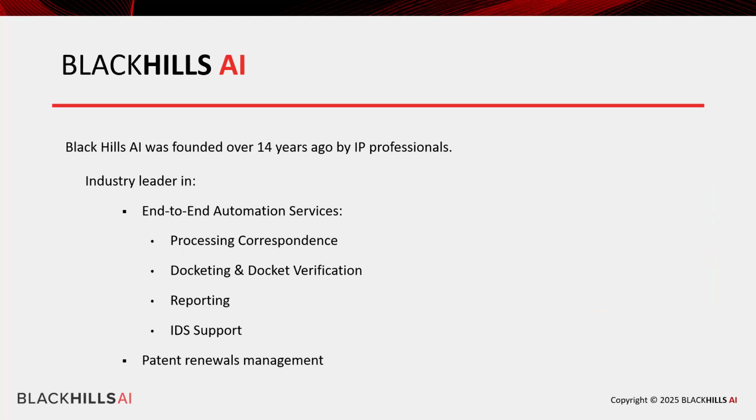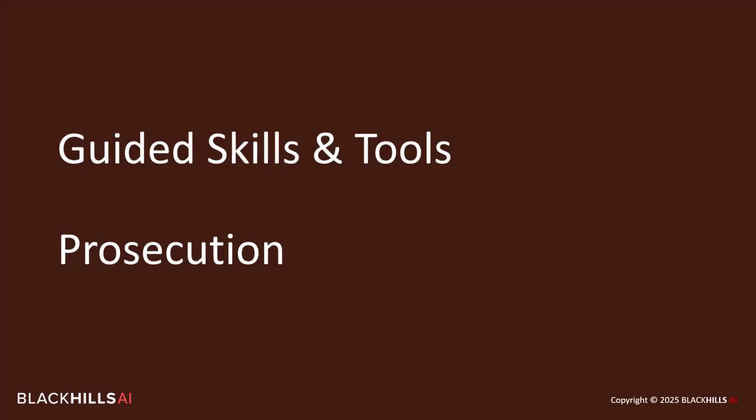Quick background, Black Hills AI: we've been in business for over 14 years, focusing a lot on back office automation and, more recently, the attorney and paralegal side of automation in the IP space. Today, I'm excited to talk about another topic in our guided skills and tools prosecution series.